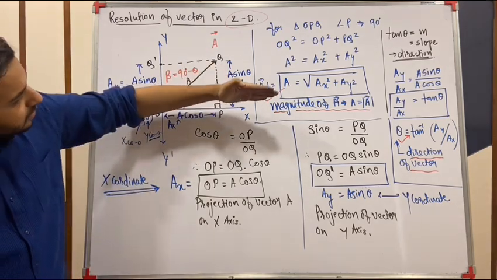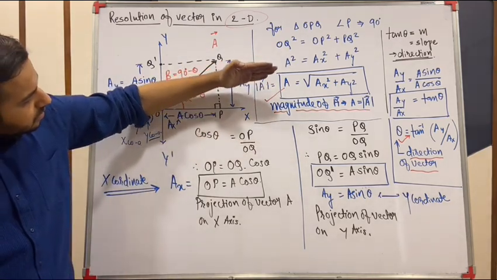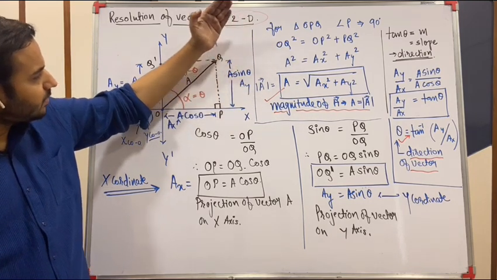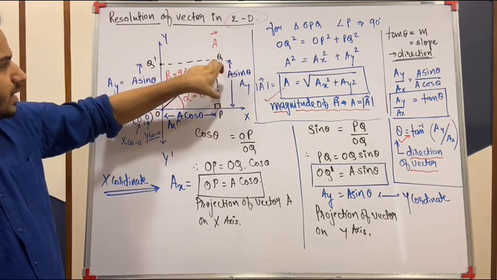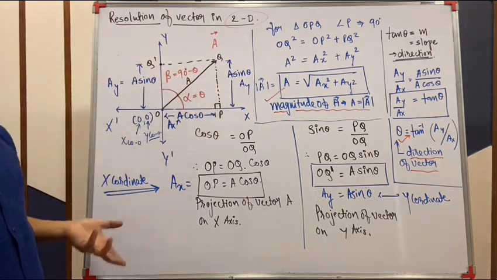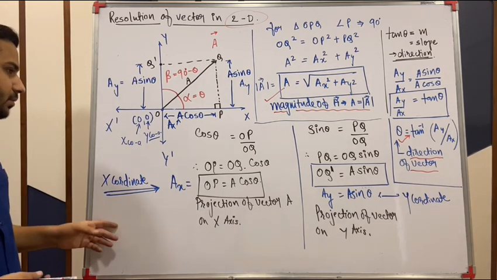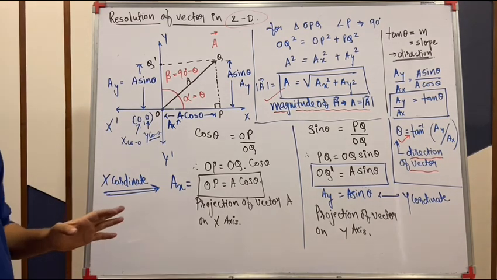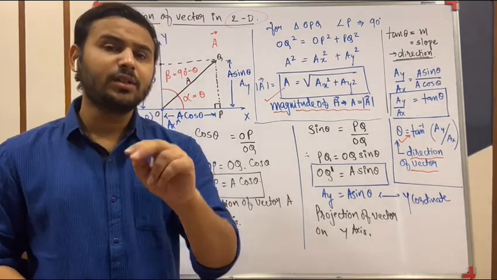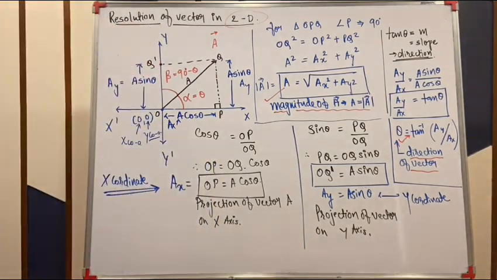Now if you gently increase the value of theta, A sin theta is increasing and A cos theta is decreasing. Very simple thing. So this was basically the representation of a vector, resolution of a vector in 2 dimensions. Write down this.